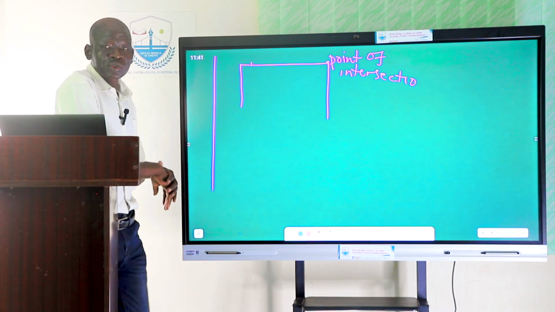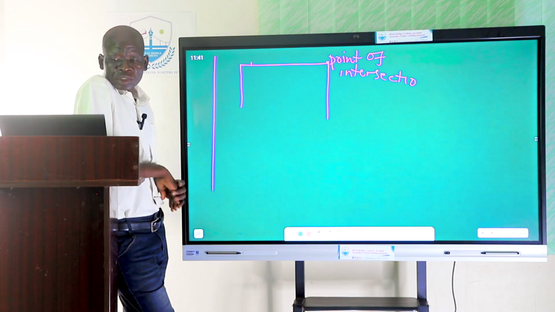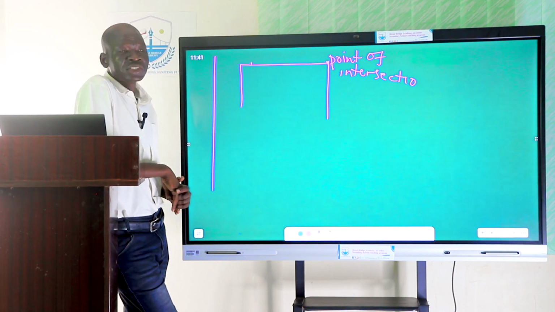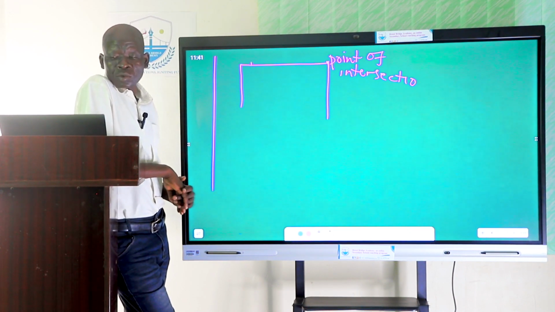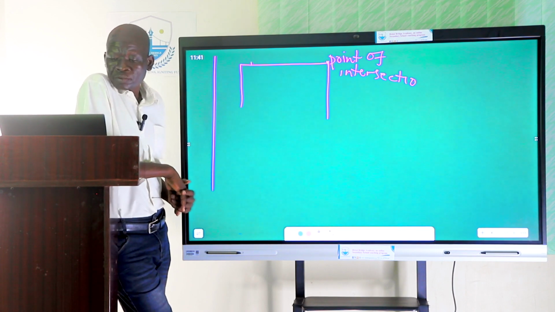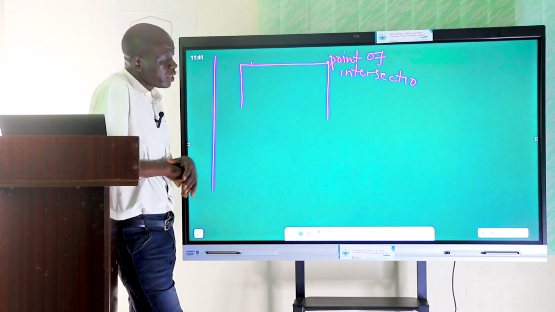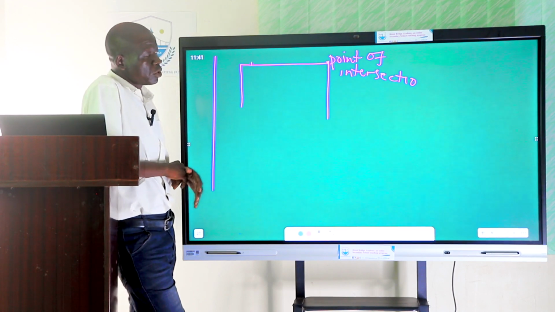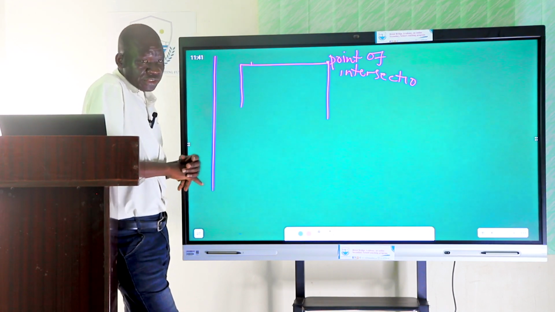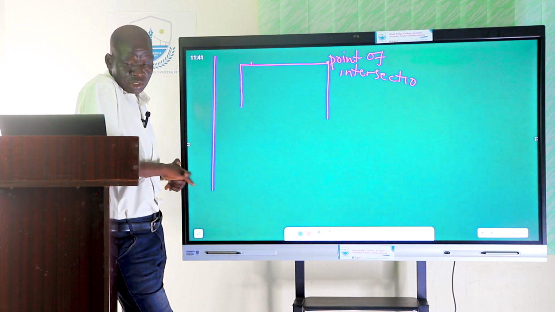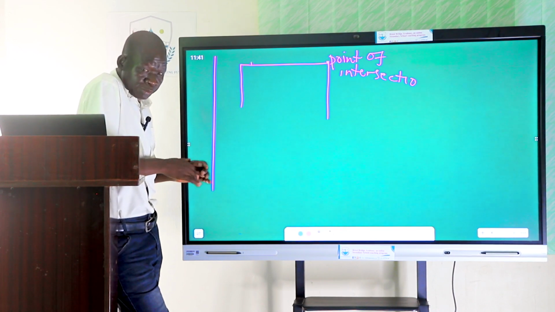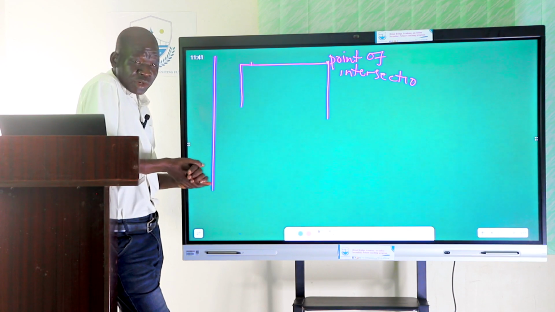We can now look at what we call a polygon. A polygon is a plane figure bordered by 3 or more straight lines. The word polygon is a Greek word.